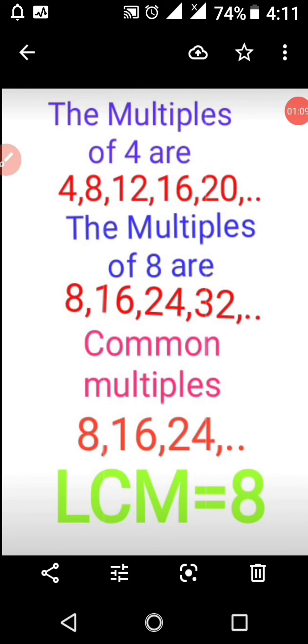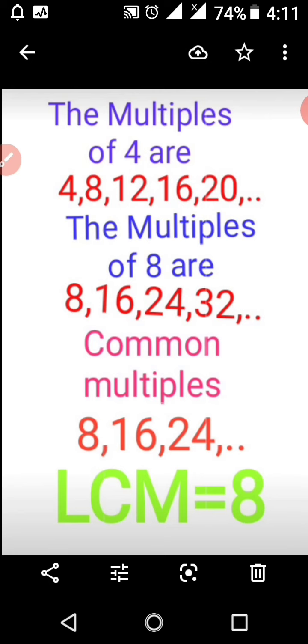See here, the multiples of 4 are 4, 8, 12, 16, 20. How do we get the multiples of any number? We have already discussed this previously.